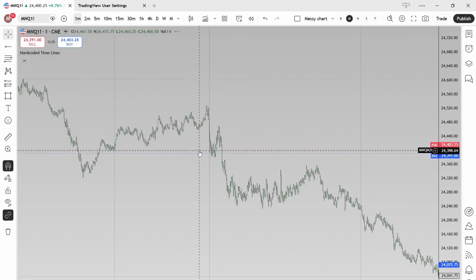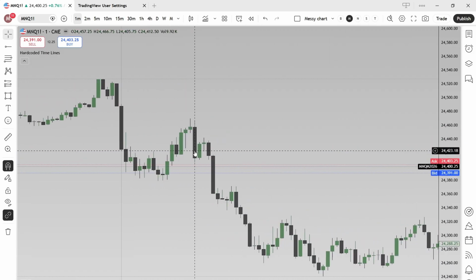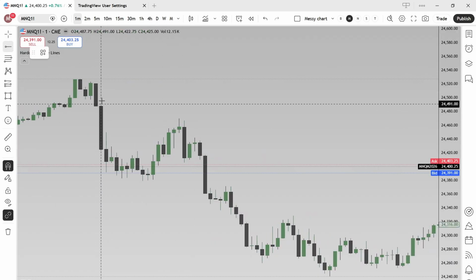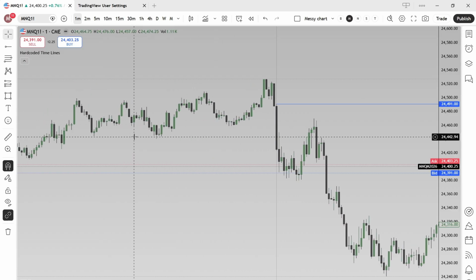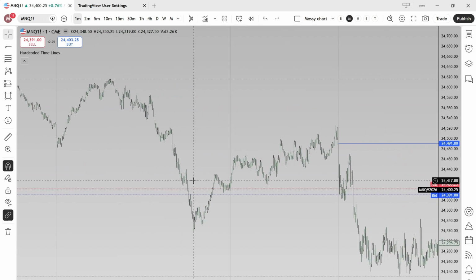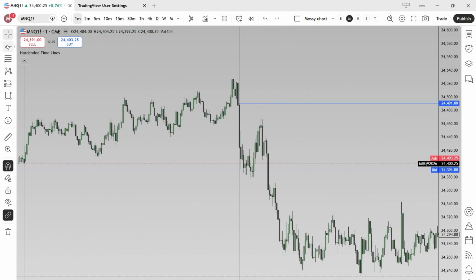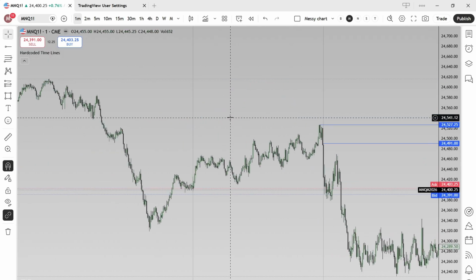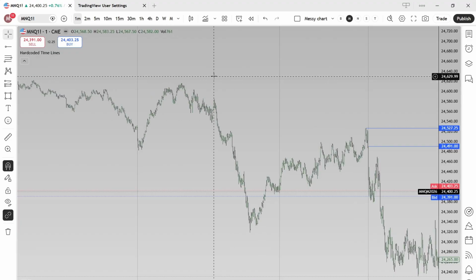So the high of New York session, and that's another take profit. The high of pre-market session, another take profit. The high of London session.